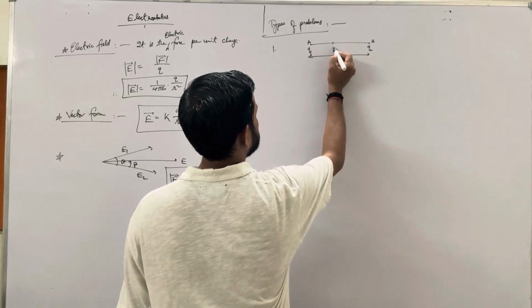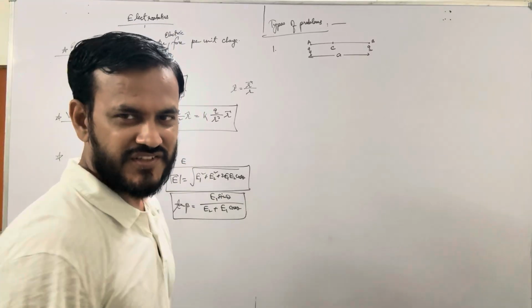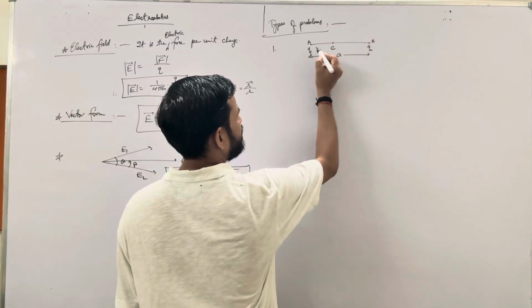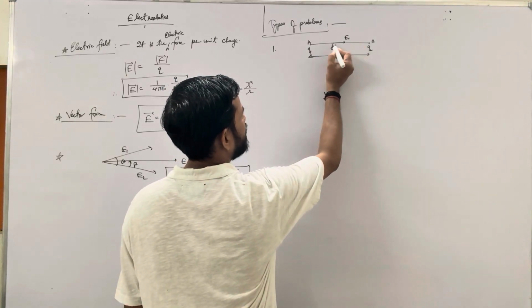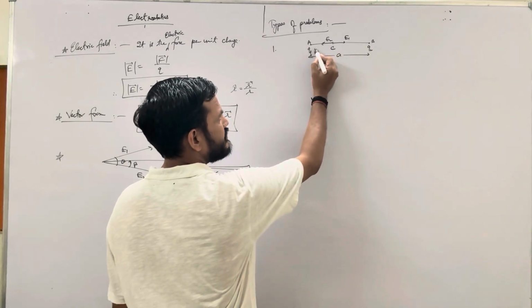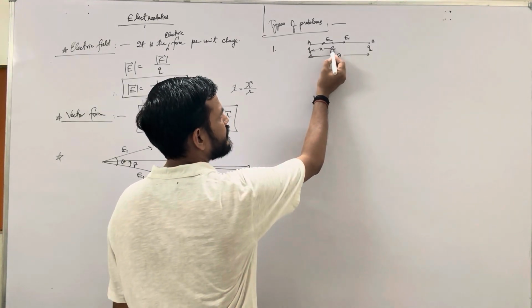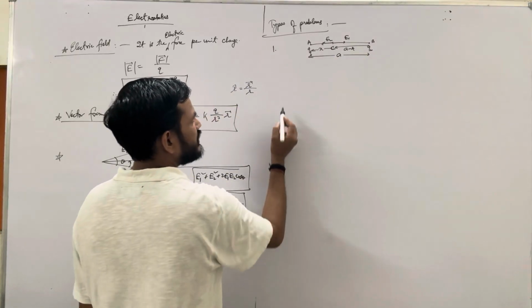You want to find a third point C where the net electric field is zero. If the net electric field is zero, the electric field due to Q1 and Q2 must be equal and opposite. So let point C be at a distance x. So CB will be A minus x.